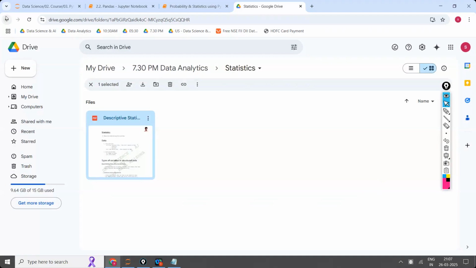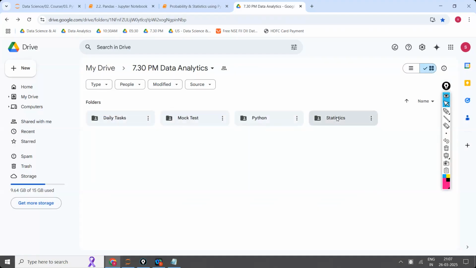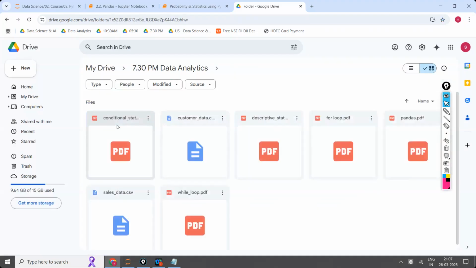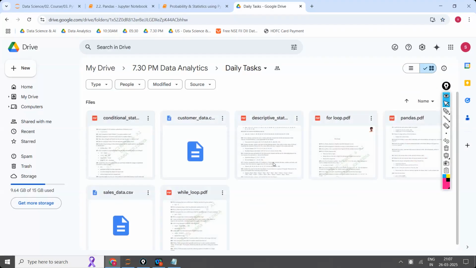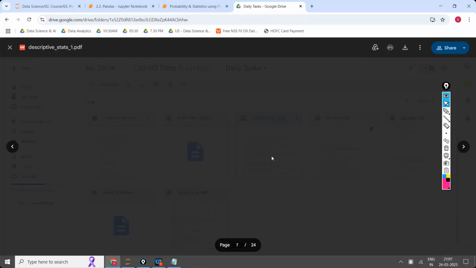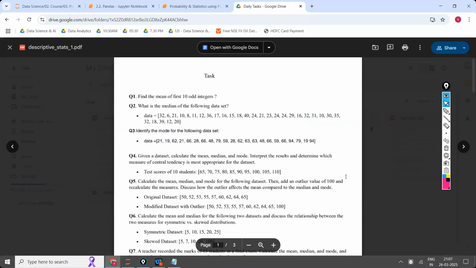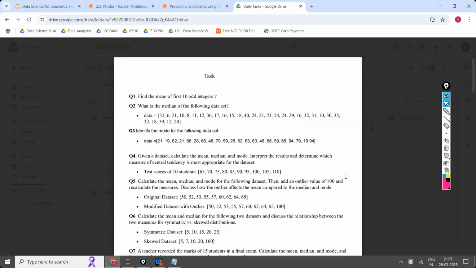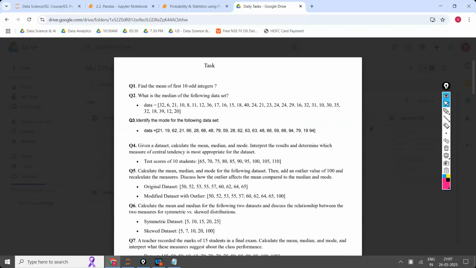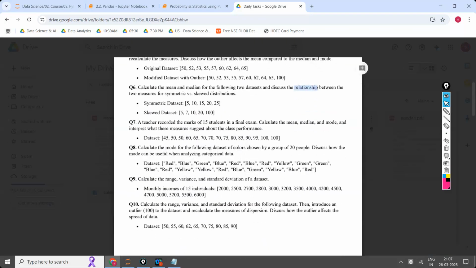Now, apart from that, just open the daily task. In the task, we have uploaded the descriptive statistics task. Yesterday we uploaded the task for the pandas. So today we have uploaded the task for the descriptive statistics, till what we have completed today.